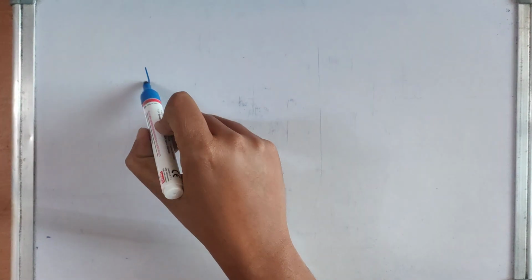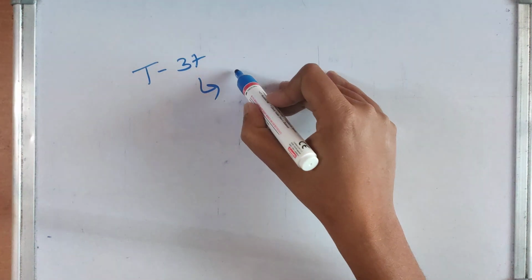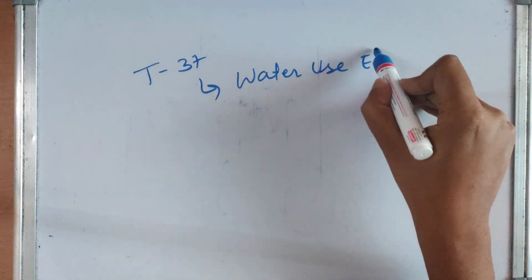So today we are going to do topic 37, that is water use efficiency in relation to crop production.